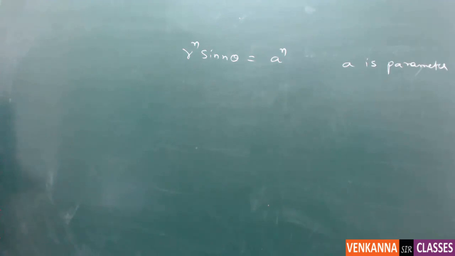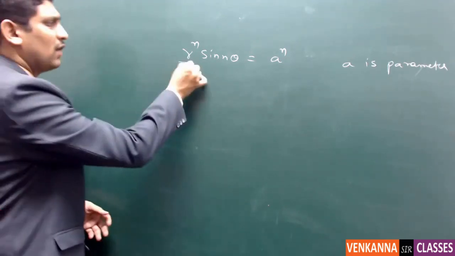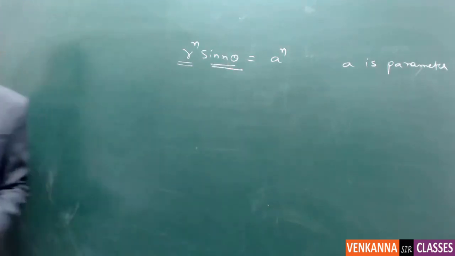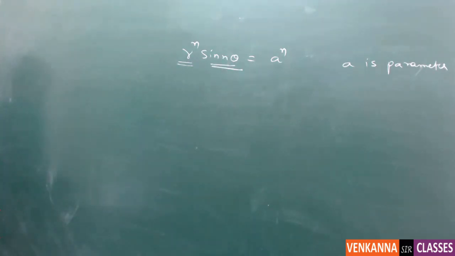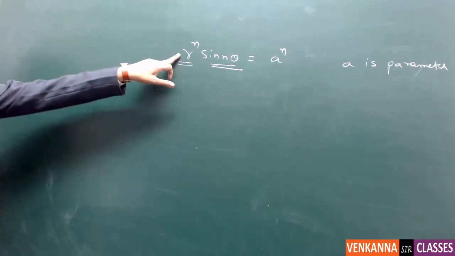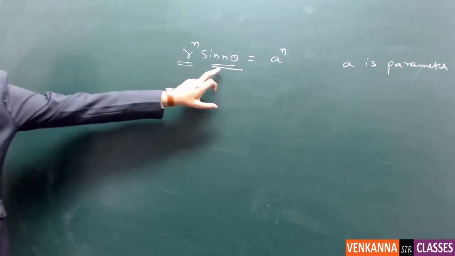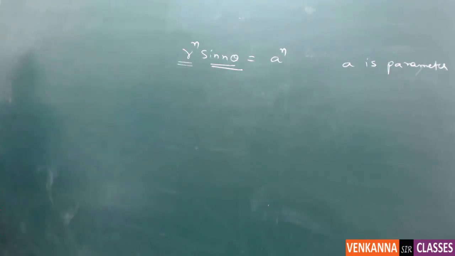So let us differentiate with respect to theta on both sides. Here you have two things. Sin n theta is a function of theta, and r is a function of theta. So you have to apply the product rule here to have the differentiation.